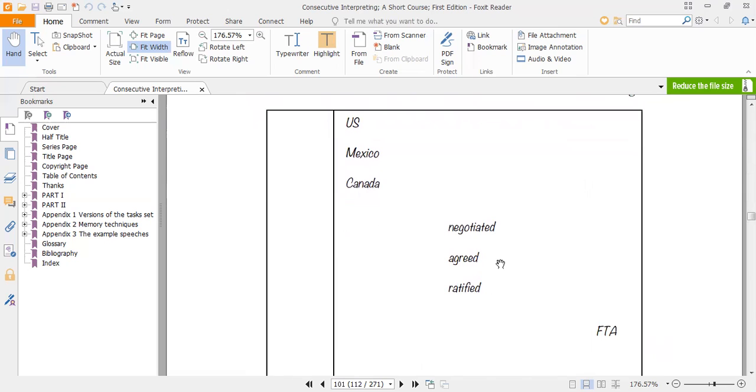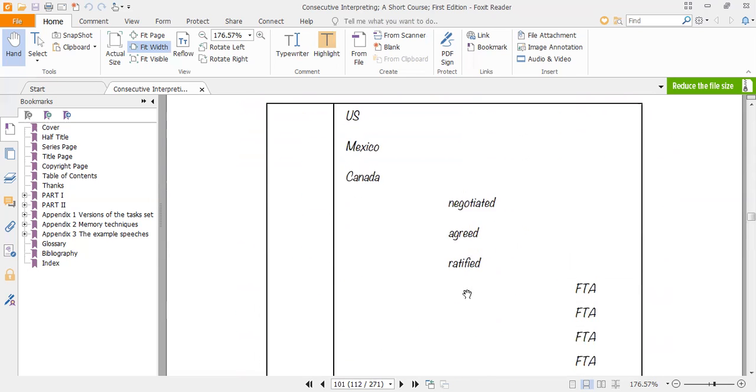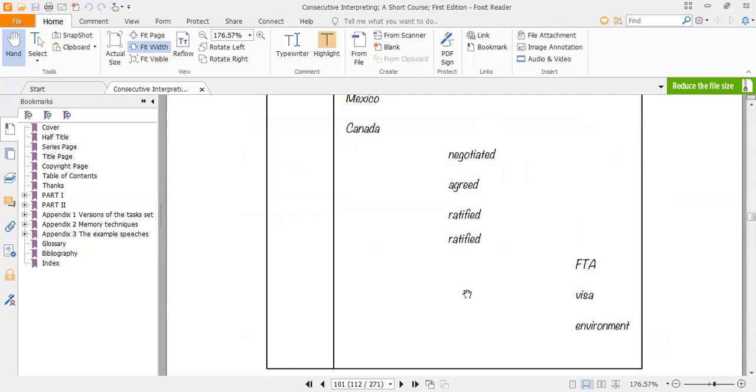The same thing applies if we have more than one component in the verb, or more than one verb. We can write them in the middle below each other: negotiated, agreed, ratified, in the middle of the page, referring to the object.